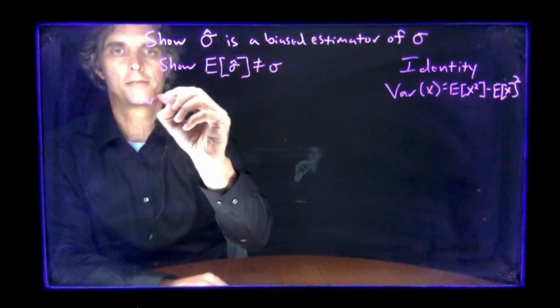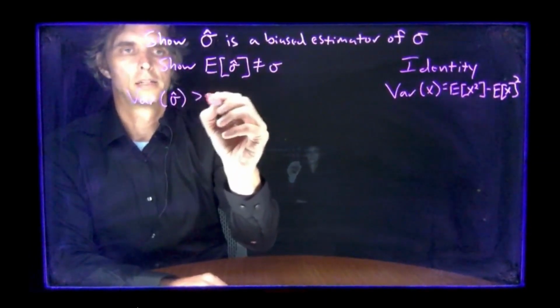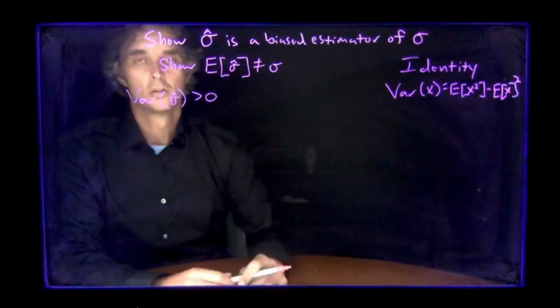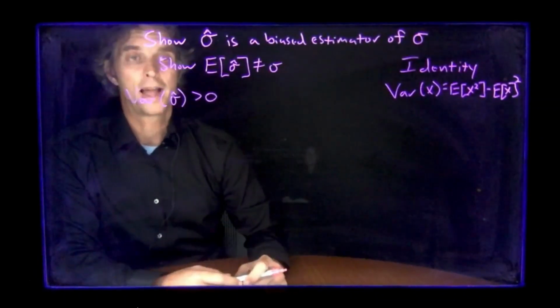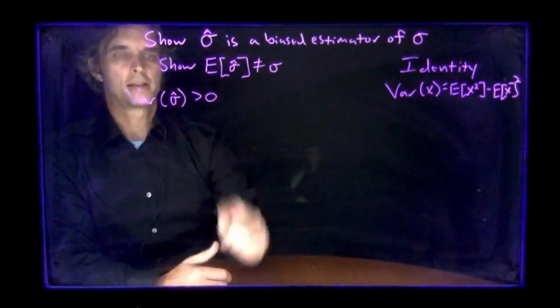Start with the fact that the variance of sigma hat is greater than 0. So from sample to sample, we're not going to get the same sigma hat. We're not going to get the same estimate of the variance. So the variance of sigma hat is greater than 0.